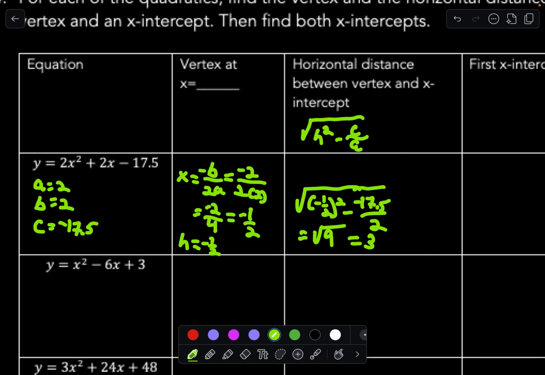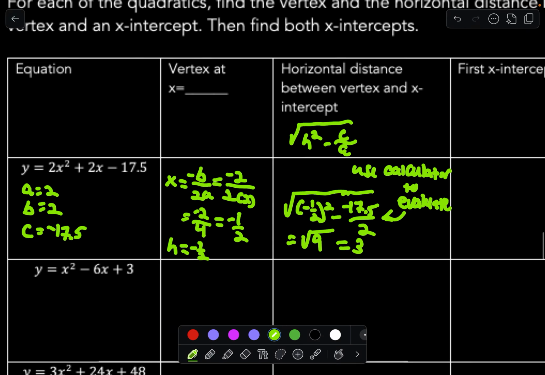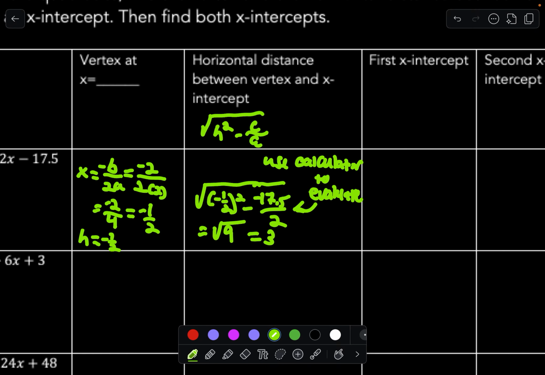Okay, and you can use a calculator to evaluate that. Okay, so you get x equals 3. The first x-intercept would then be h plus 3. H was negative 1/2 plus 3.